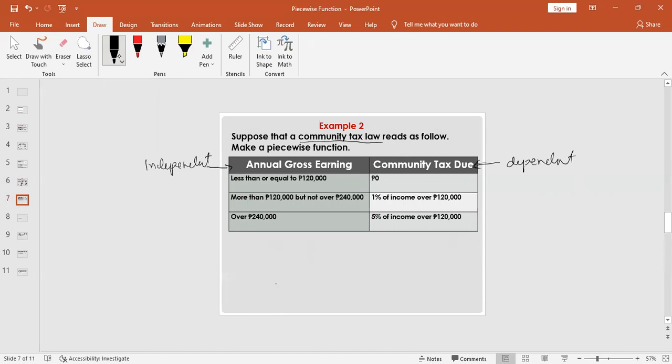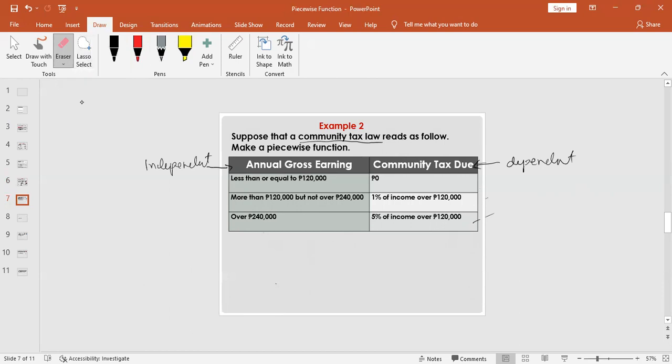Okay, so we can now construct the piecewise function. Okay, how many subfunctions do you think does this community tax law have? There are 3. One subfunction for this, one for this, and one for this.